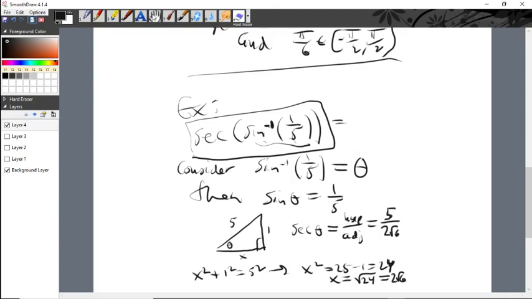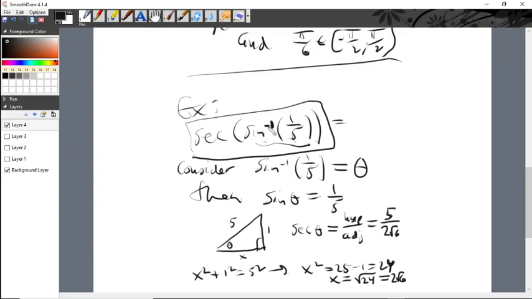So we never actually found out what theta was equal to. We used theta so that we could invert the inverse trig function back into a standard trig function. And we used right triangle trigonometry, SOHCAHTOA, and the identities, like the reciprocal identity that we know for secant, in order to evaluate this.